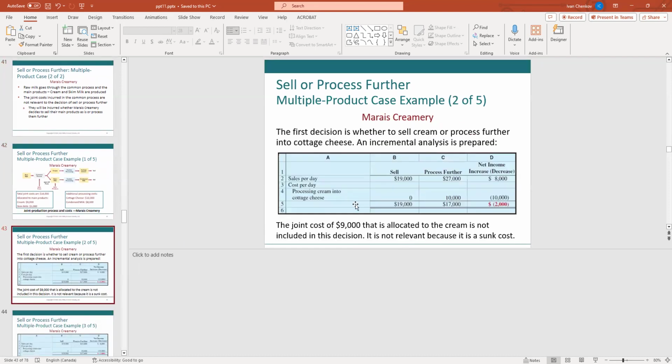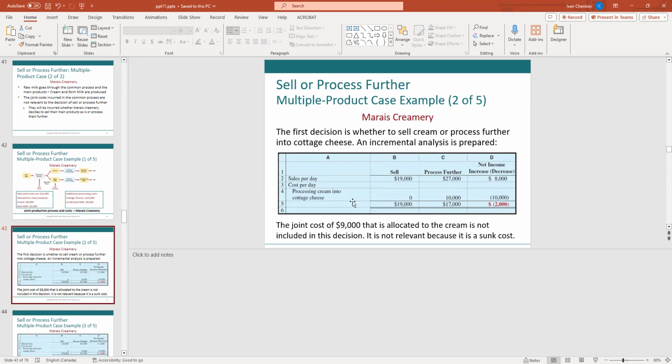So where was our question here? The question was, I'm currently selling the cream for $19,000. I can process it further and make cottage cheese from the cream, and then I can sell the cottage cheese for $27,000. If I do that, I'm going to generate an $8,000 increase in my sales.